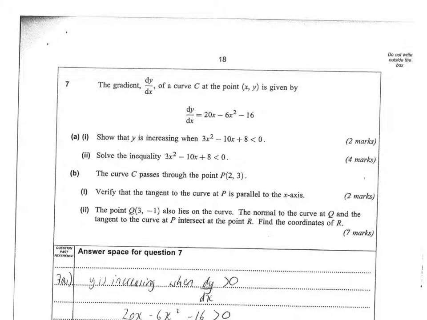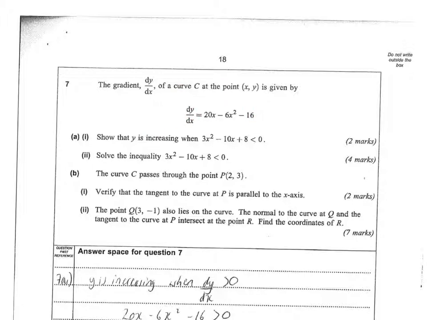In the first part of this question, you need to show that y is increasing and show this statement. The starting point is understanding the concept of increasing and decreasing. A graph is increasing when the gradient is positive.